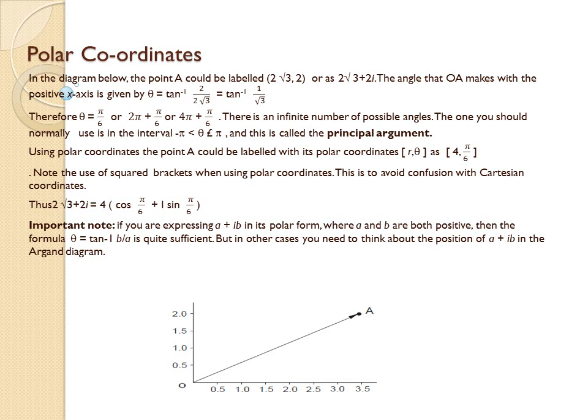So r means 4, so 4 of cos pi by 6, because theta equals pi by 6 as I have defined, plus i sin pi by 6. So this is the fundamental idea of polar coordinates, how to put a particular complex number into polar form. That's all from the theory perspective. Let's go to problems and then we will be able to understand this concept.